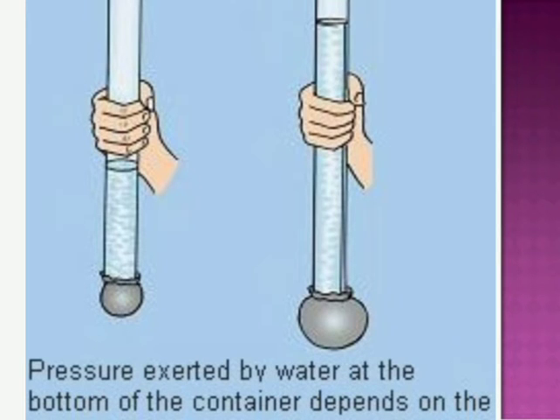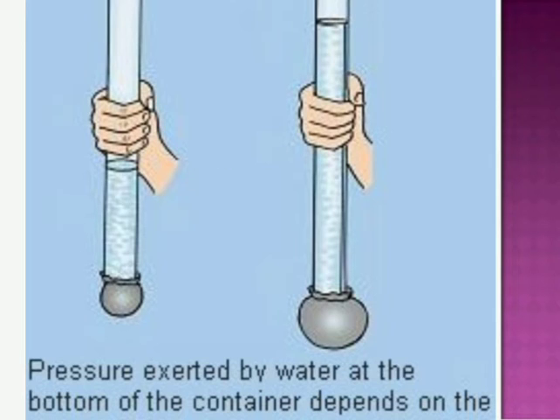To understand this, take a transparent glass tube or a plastic pipe. Also take a piece of thin rubber sheet, which can be a rubber balloon. Stretch the rubber sheet tightly over one end of the pipe. Now hold the pipe at the middle, keeping it in a vertical position.